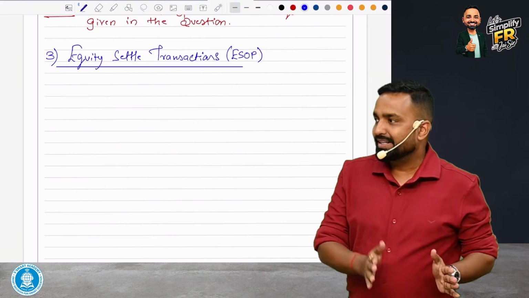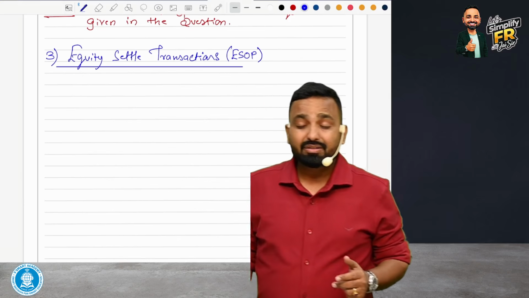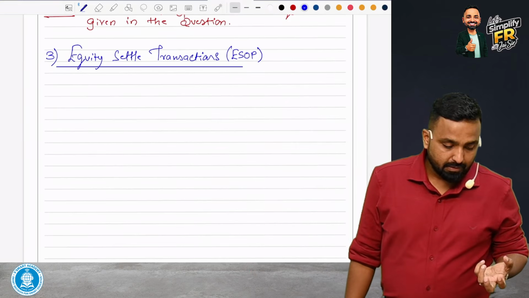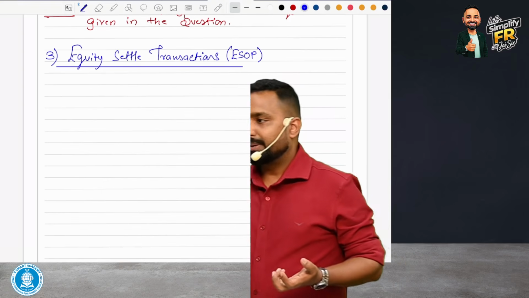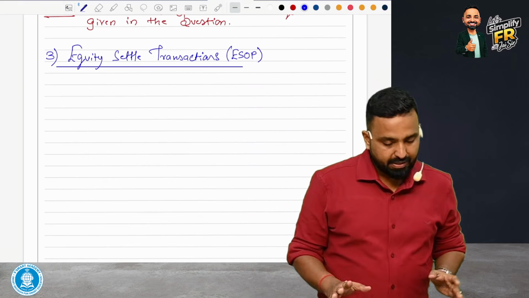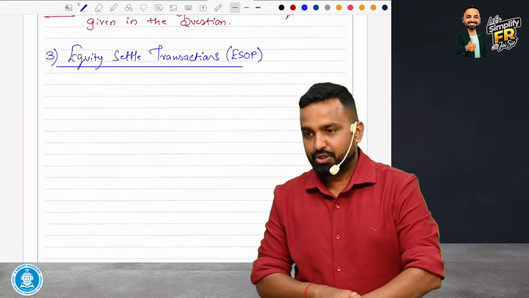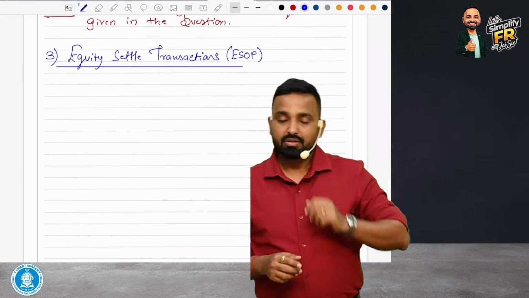Number of employees multiplied by number of options per employee. So this becomes the total number of options, 50,000.